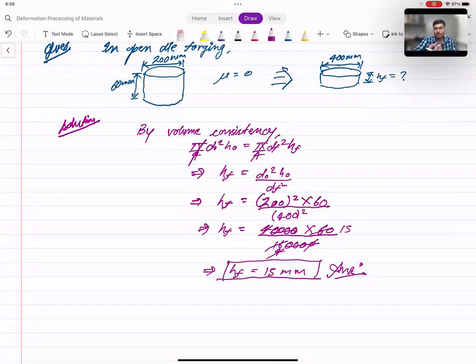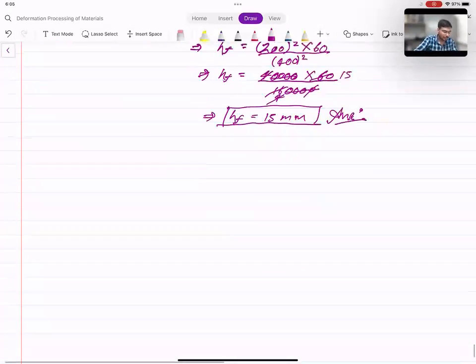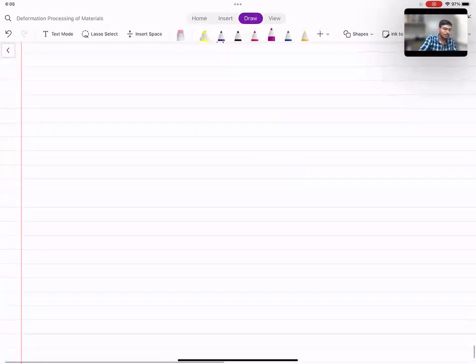Ultimately, this work leads to the deformation and reduction in height of the workpiece. Let us see this with the help of another numerical, which will include this concept again.